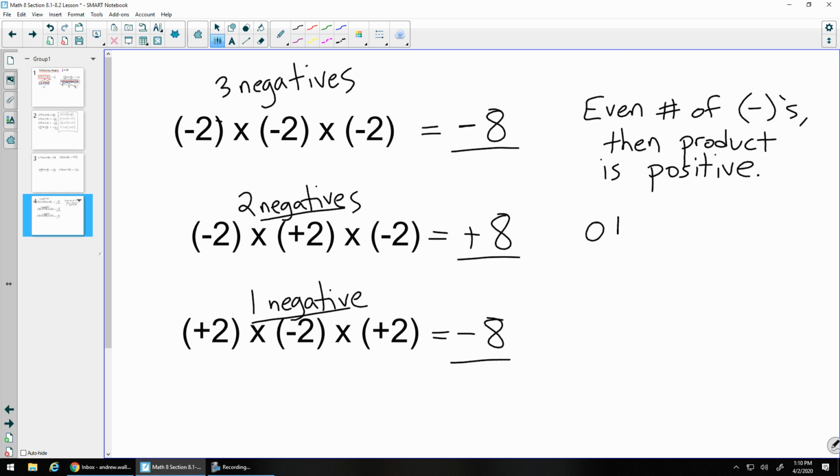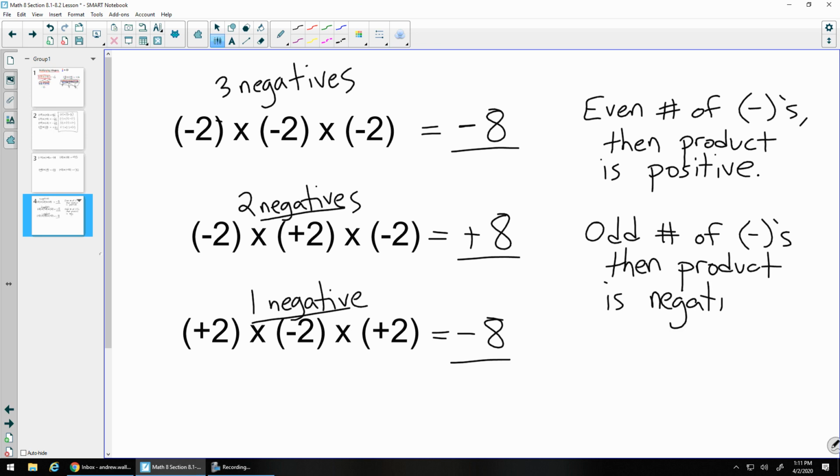If you have an odd number of negatives, so odd numbers, 1, 3, 5, then your product, the answer of your multiplication, is negative. So a negative times a positive, that's 1 negative.